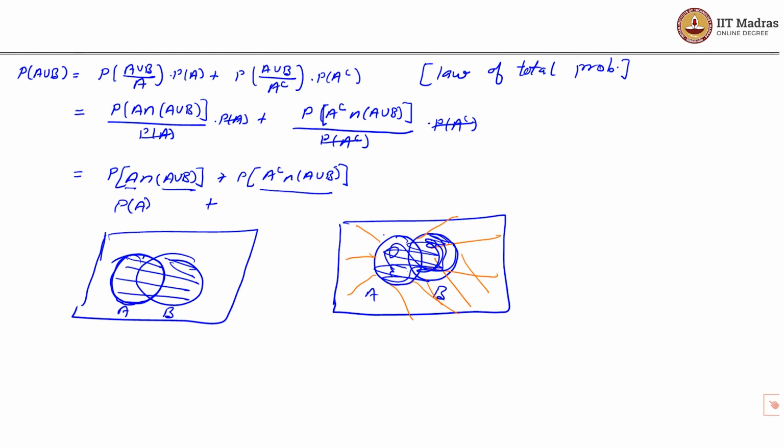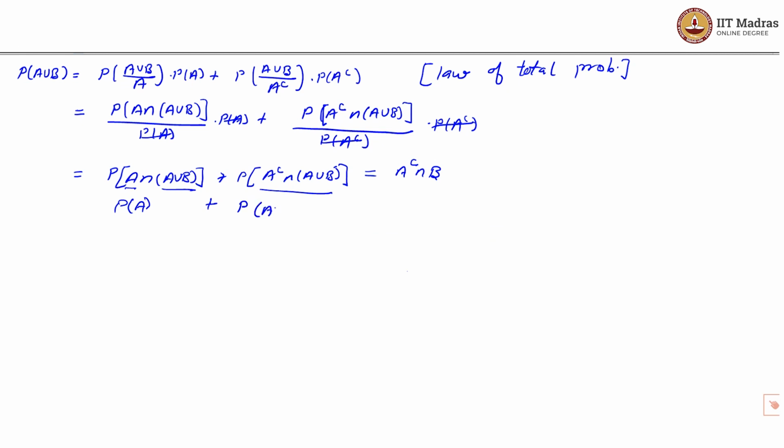So the intersection of this will be only this part, outside of A and inside of B. That will be my A complement intersection B.